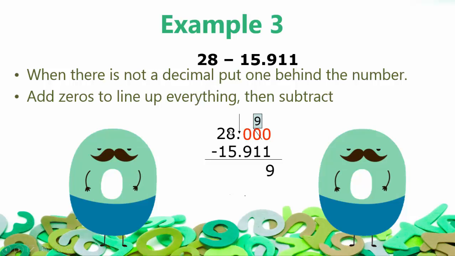So here we have to borrow from the 8, and 8 becomes 7, and then this becomes 10 and then 9, and then this becomes 10 and then 9, and this is 10 minus 1, which gives us 9. 9 minus 1 gives us 8. 9 minus 9 gives us 0. 7 minus 5 gives us 2. And 2 minus 1 gives us 1. So we end up with 12.089 as our final answer.